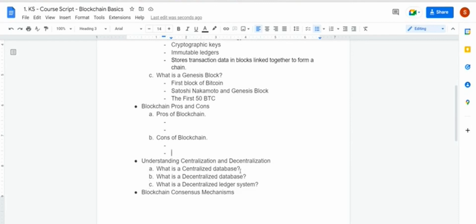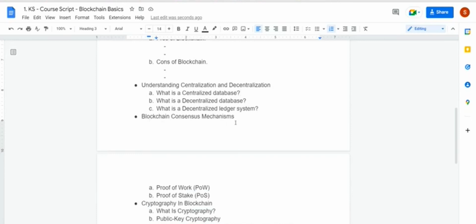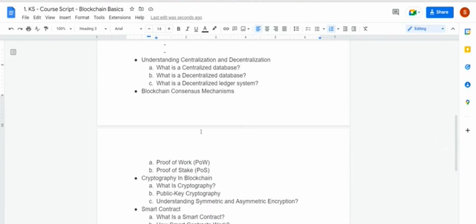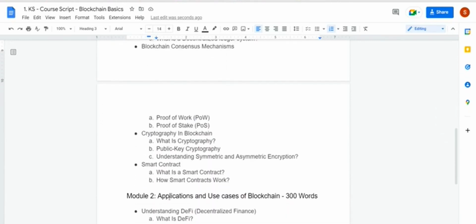What is a centralized database? You will talk about the key talking points here for those topics, and then comes blockchain consensus mechanism. So this way it should go.